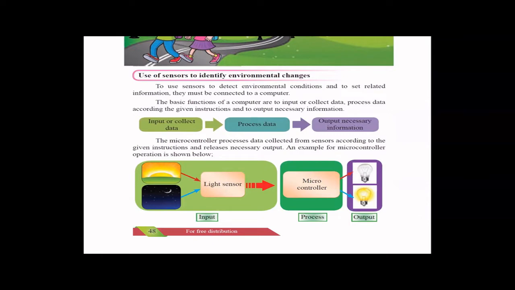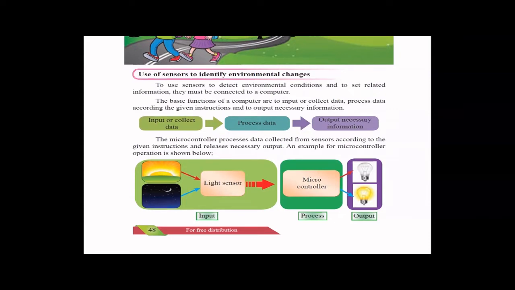Now, in a computer there are basically three functions happening: collecting data, processing, and then outputting the necessary data. A microcontroller can be used for the same kind of purpose. You can process the data sent by the sensors, and based on the given instructions, produce the relevant output.